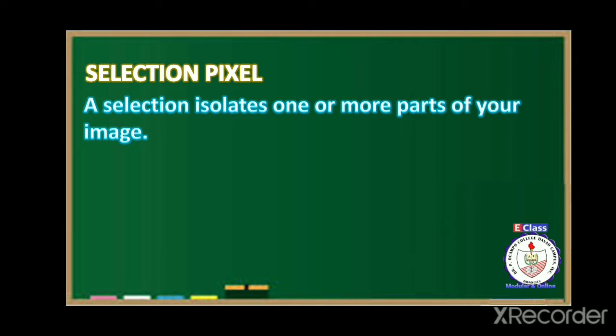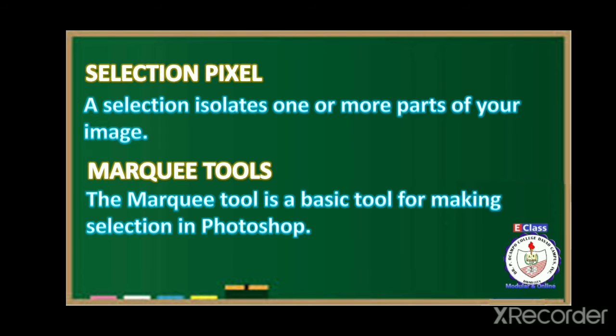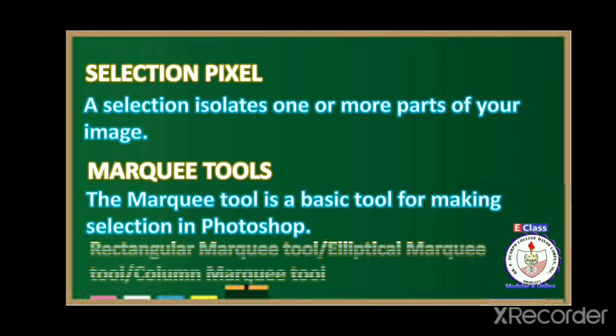In a pixel selection, a selection isolates one or more parts of your image. What is a marquee tool? A marquee tool is a basic tool for making selections in Photoshop. There are three marquee tools: the rectangular marquee tool, the elliptical marquee tool, and the column marquee tool.